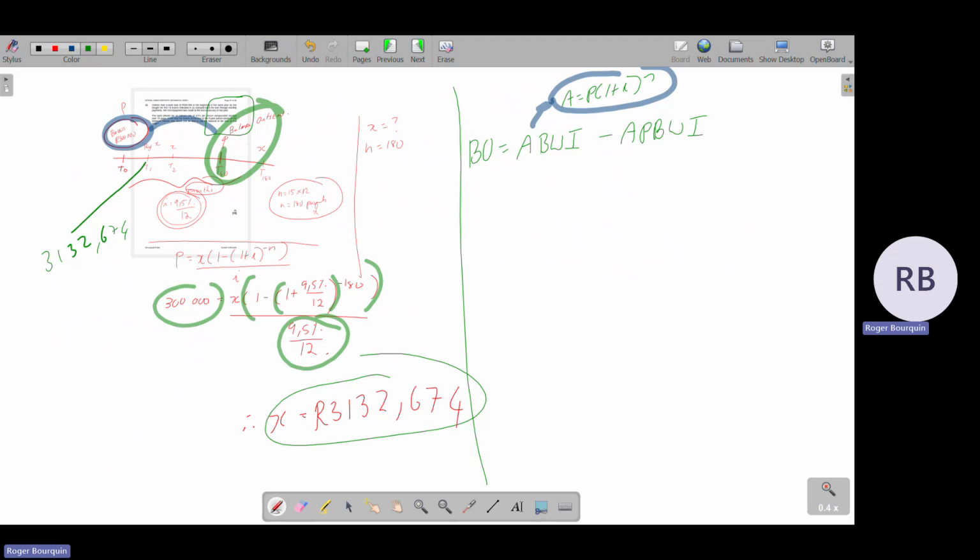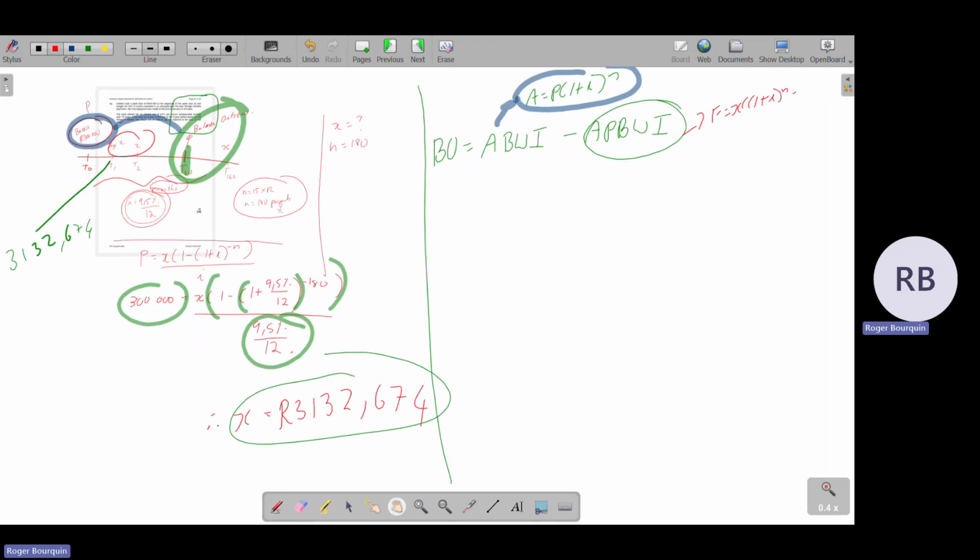If you've got a lump sum and you want to know what happens on the right side of the timeline, it's a future value formula. So this one will always be compound interest, and your repayments will be X times the bracket (1 plus I) to the N minus 1, all over I. You with me?